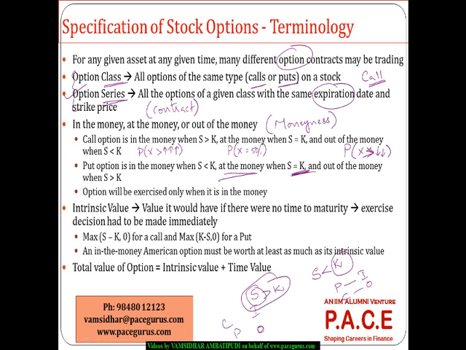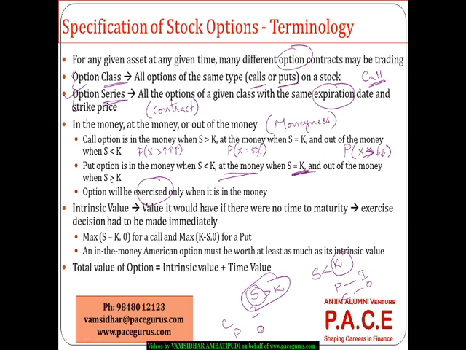There are equal chances of exercise as well as expiry. And what we have to simply understand is the option would be exercised only when it is in the money. Of course, at the money there is also some probability of exercise, but to a large extent the option is exercised when it is in the money itself.